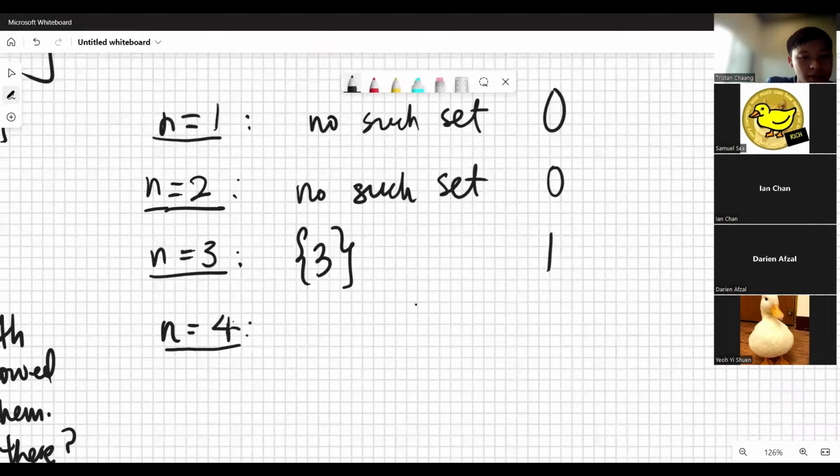And n equals 4, we have 3 again. And then if 4 is involved, then what can we have? 4, no, 2, 4, multiple of 3.